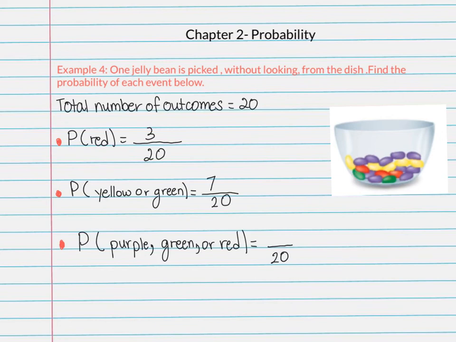Then purple, green, or red would be 15 out of 20. If we can simplify, we have to simplify. Again, use your calculators for this purpose. Divide by 5, divide by 5, and that's equal to 3 out of 4.